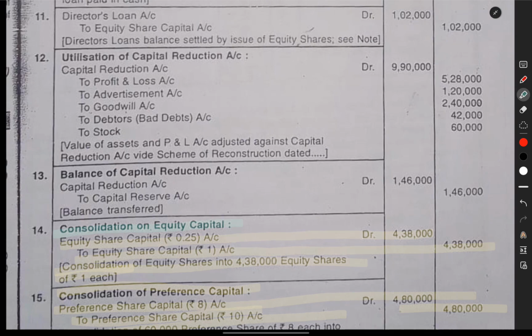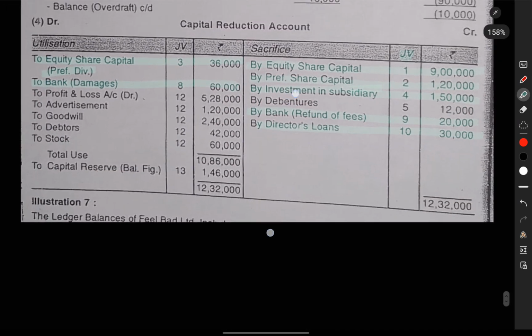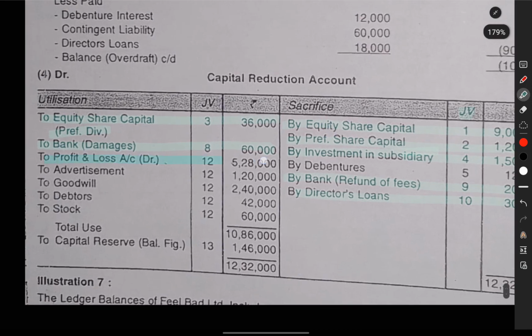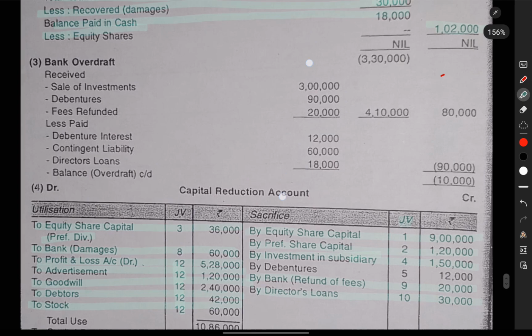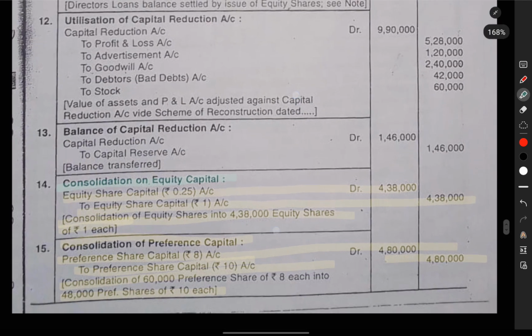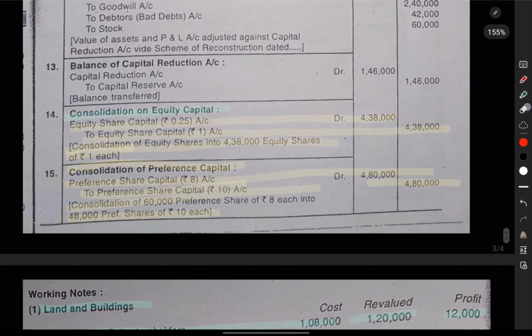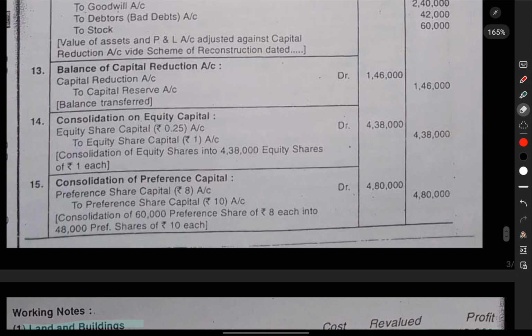So we'll go to debit side of capital reduction account and write profit and loss account, advertisement, goodwill account, debtors and stock for rupees 9,90,000. Journal entry number 12. And the last two journal entries, there is no effect for capital reduction account.